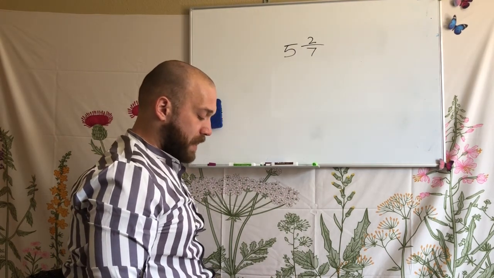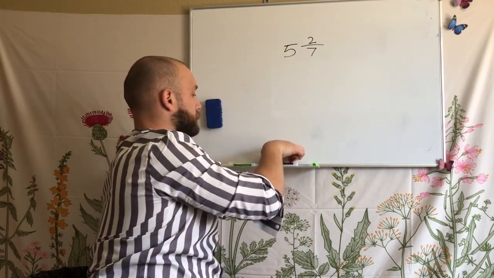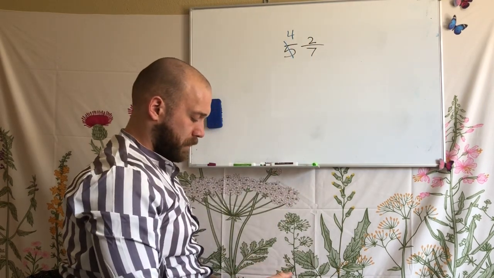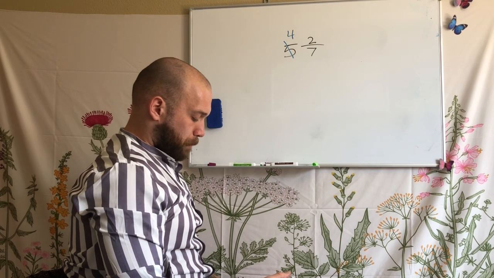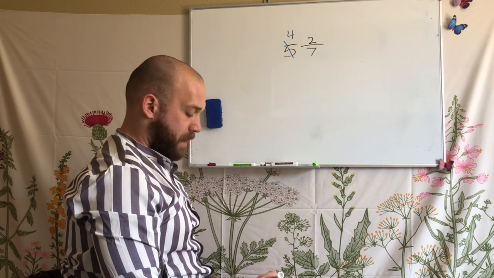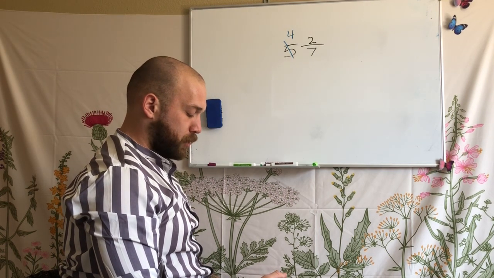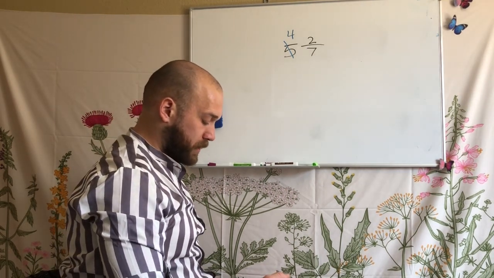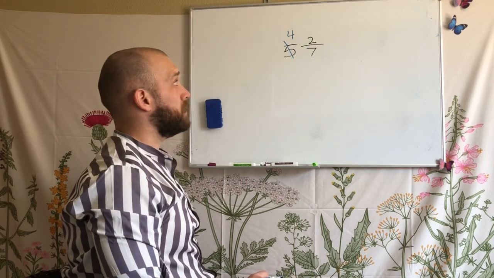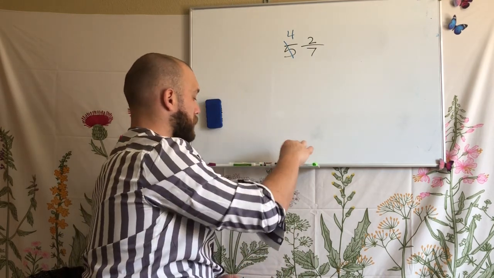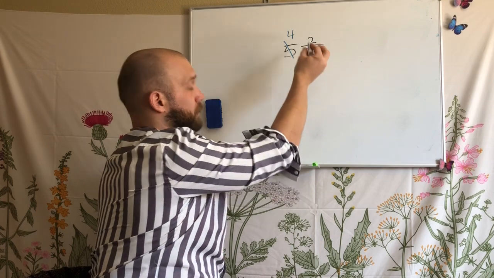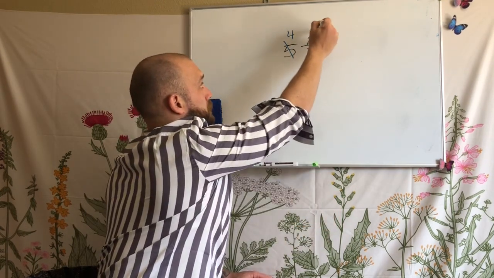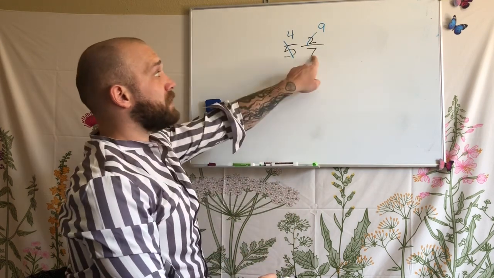So I cross out 5 and write 4 above it. So we took 1 from 5. We add that 1 to the fraction 2/7. So what fraction is one more than 2/7? Well, all I need to do is add 7 plus 2, 9, because I added 7/7 to that.